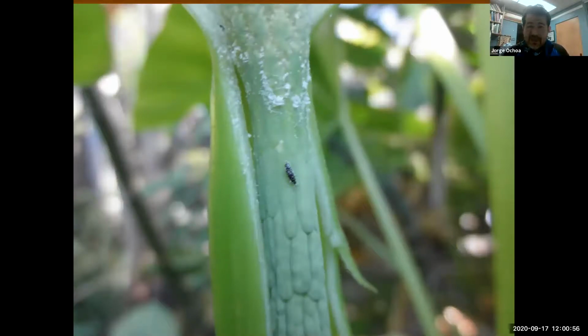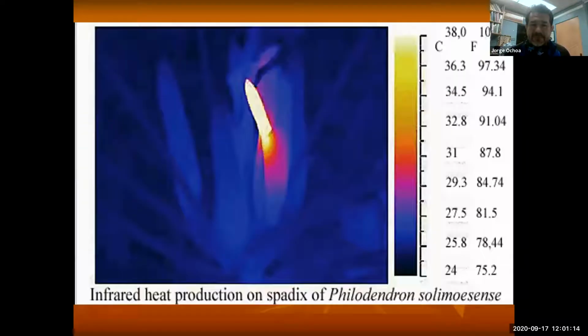So what the plant wants is for the animal to go through there. If the pollen is being shed, the animal is going to carry the pollen, hopefully to a different flower. Or on the second day, when the female flowers are receptive, animals are going to come in, hopefully bringing pollen from a different flower.